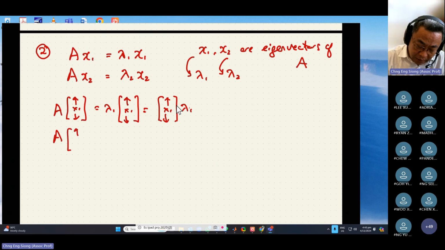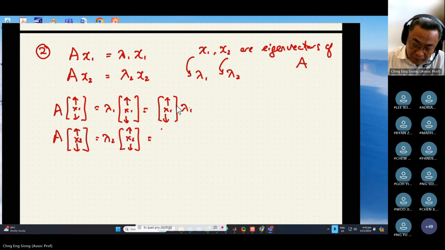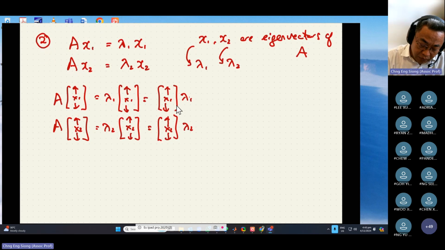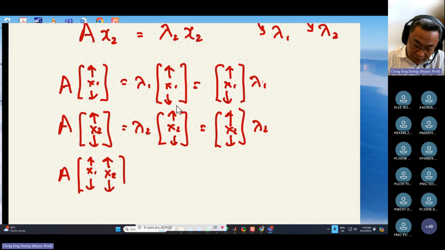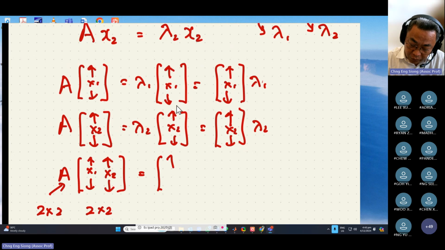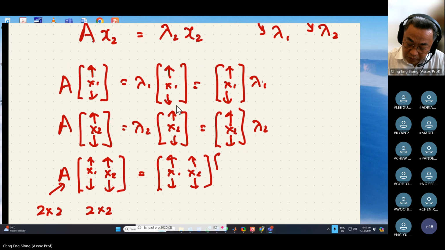Of course, like before, in the last lecture, I also did this. And now, of course, this is more exciting. Since A, for example, let's just do a simple one, 2 by 2. And therefore, this guy is also a 2 by 2. And now, we're going to put x1 here and x2 here.